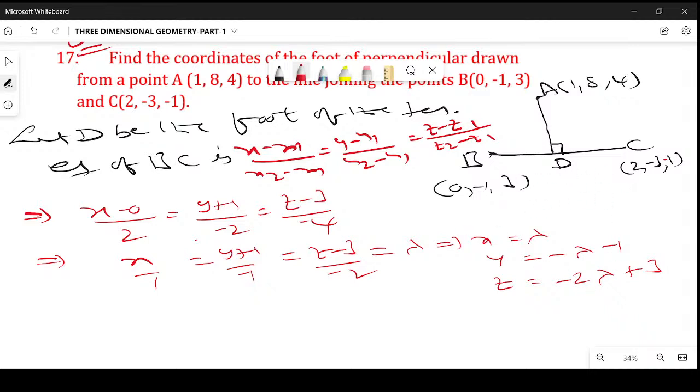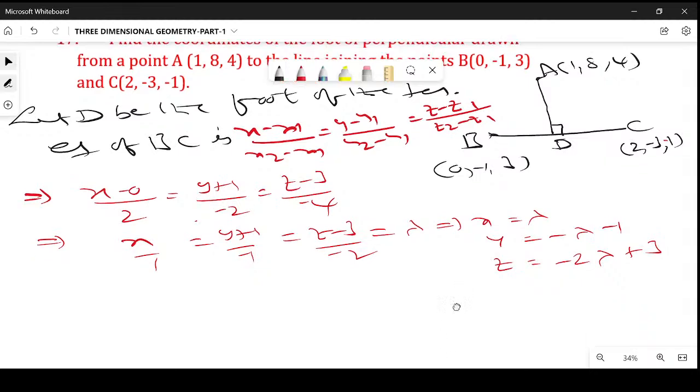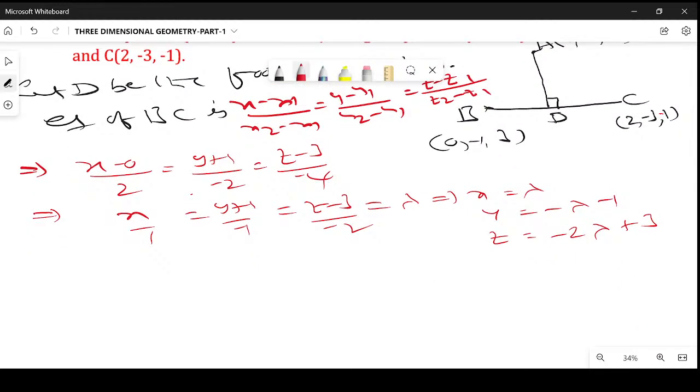Even D is a point on the line BC, so D can be considered as (lambda, -lambda - 1, 3 - 2 lambda). Let D be like this.